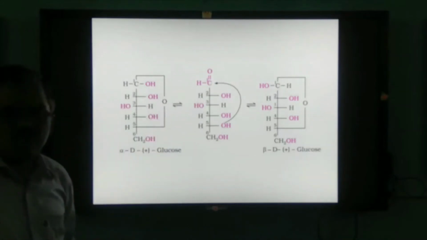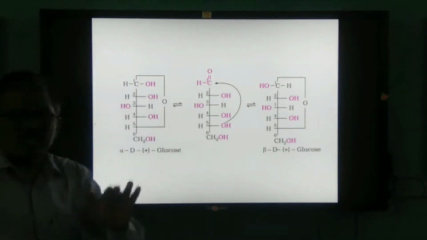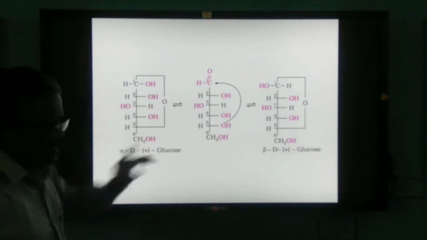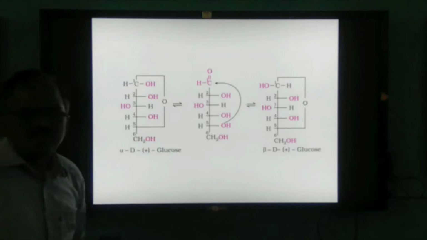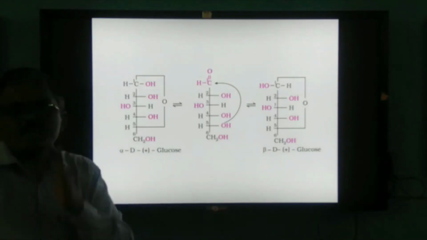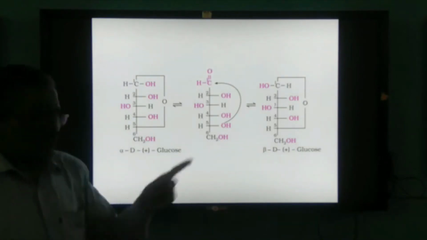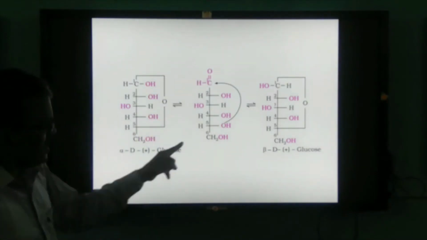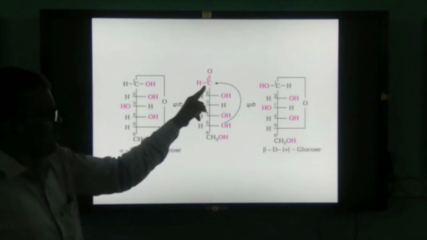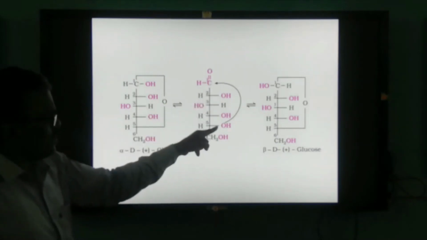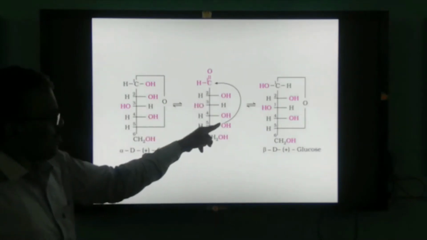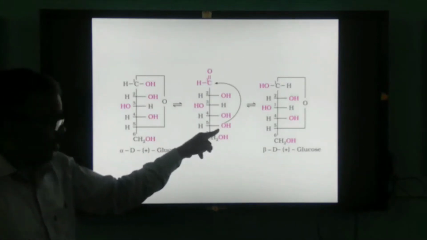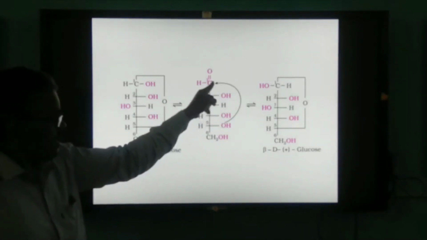So don't confuse, always count the number of carbons from the top. 1, 2, 3, 4, 5, 6. Understand? So according to IUPAC, preference is given to the aldehyde group, that is number 1. Now, this arrow mark shows the O of the fifth carbon, C5. It is called the hydroxyl group of carbon 5, which interacts and forms a ring with the aldehyde group.